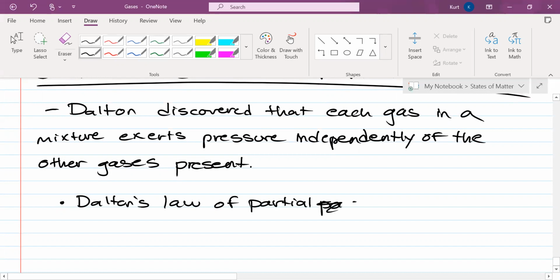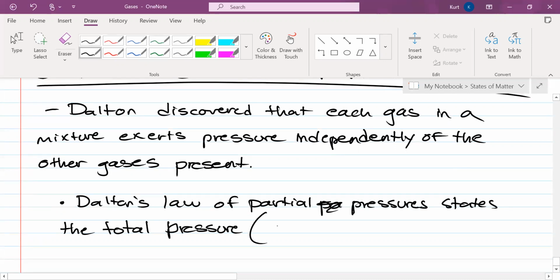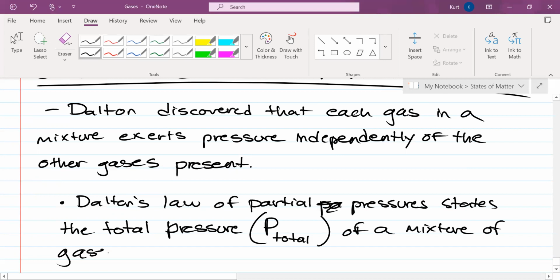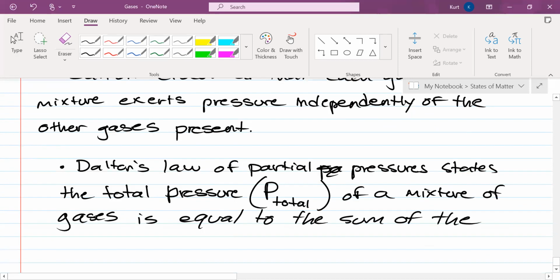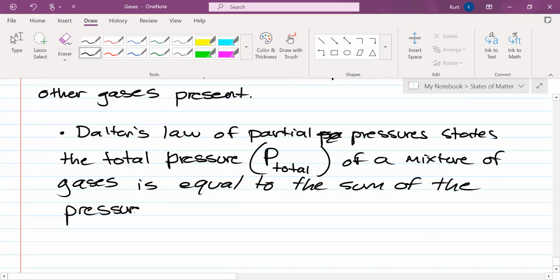Dalton's law of partial pressures states the total pressure, which we're going to call P total, is equal to the sum of the pressures of all the gases in the mixture.